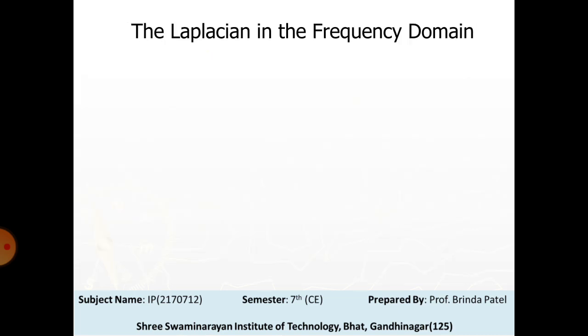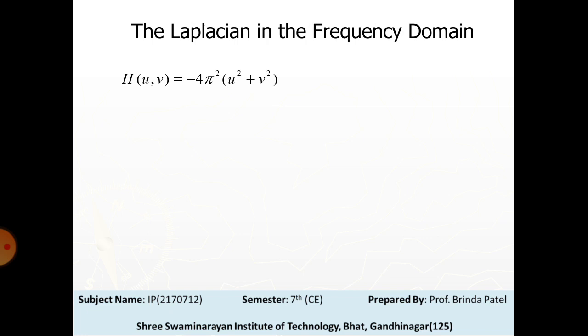Now the Laplacian in the frequency domain. We used the Laplacian for image enhancement in the spatial domain. Here we revisit the Laplacian so that it yields equivalent results using frequency domain techniques.